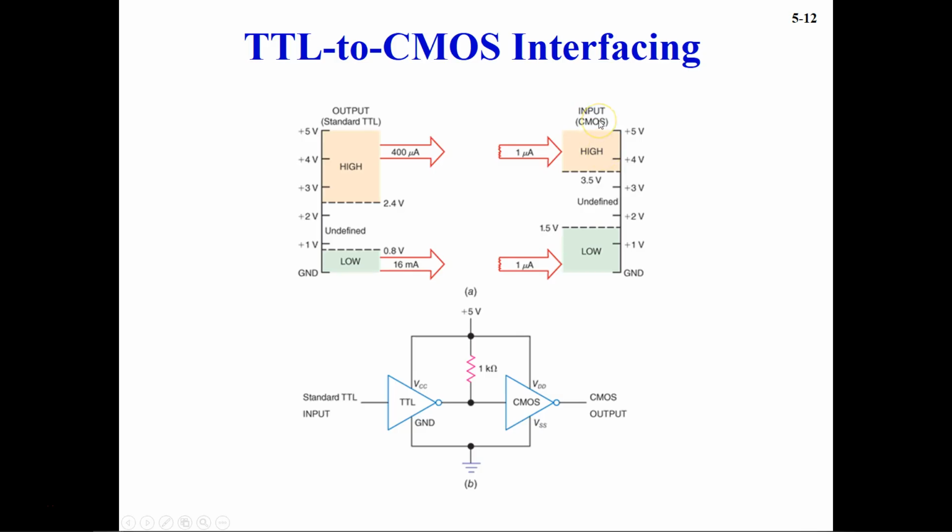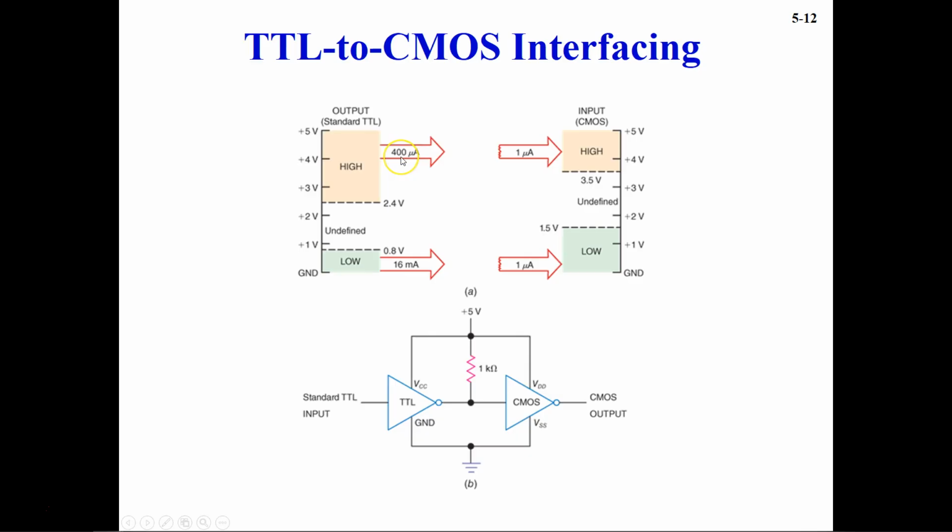These problems can be resolved by using a pull-up resistor between the gates to pull the high output of the standard TTL up closer to 5 volts.